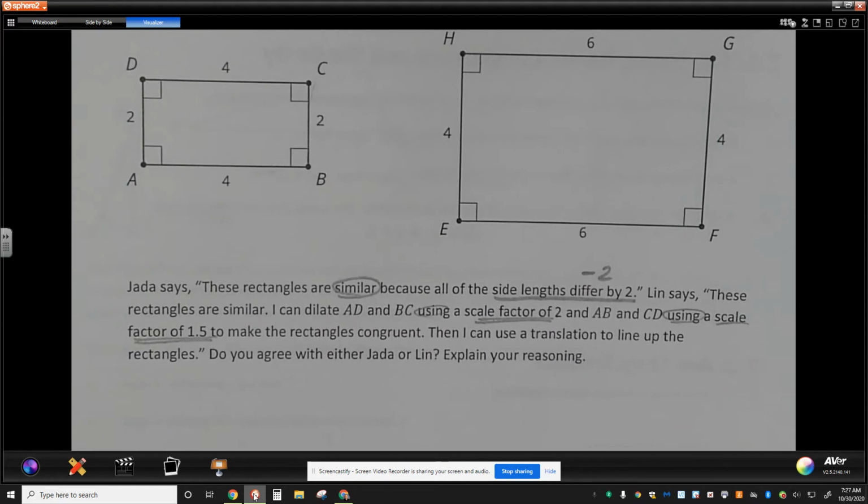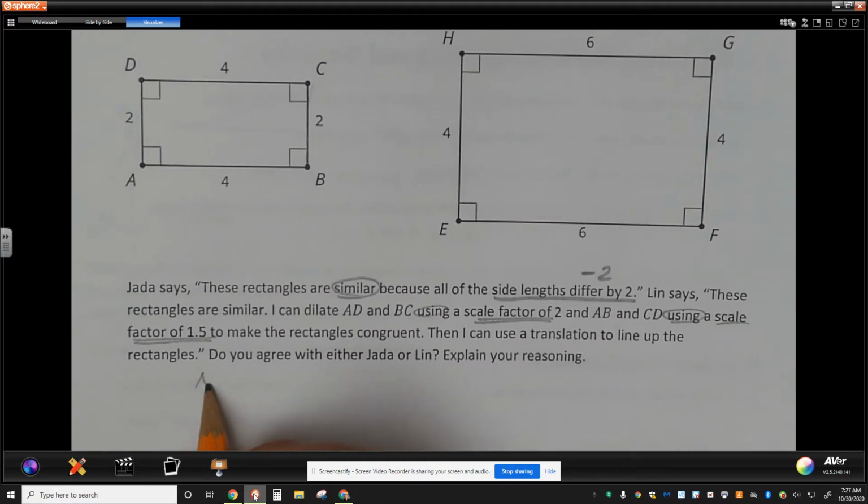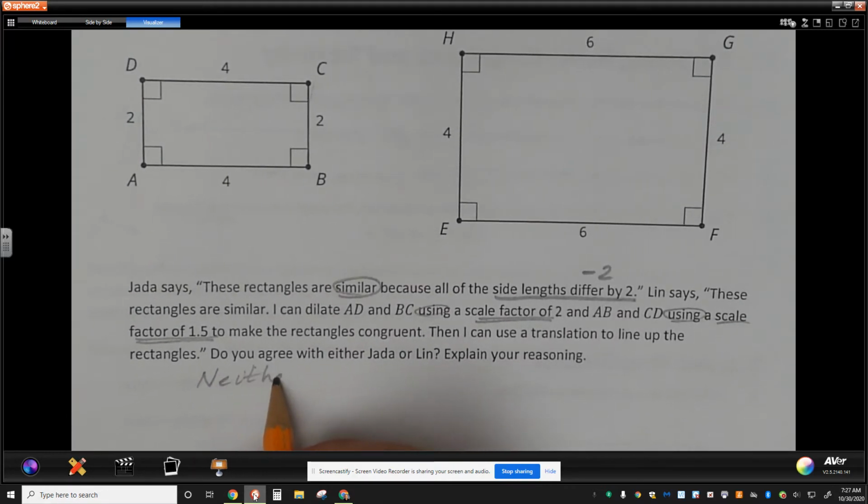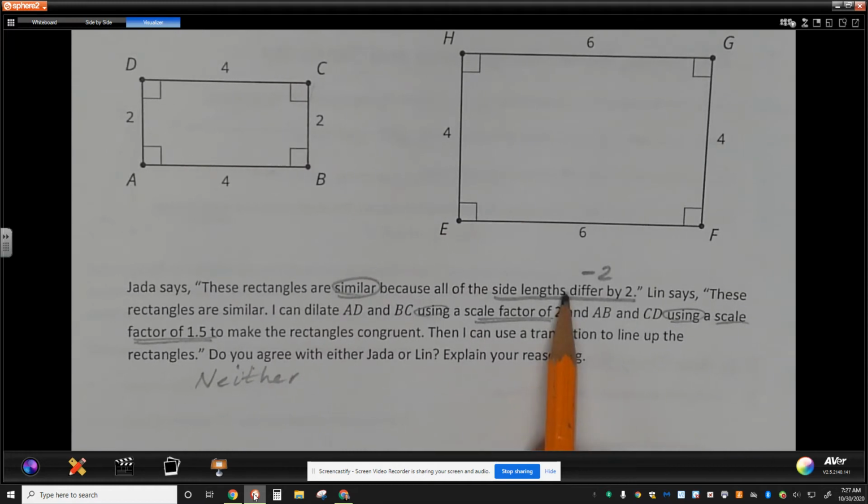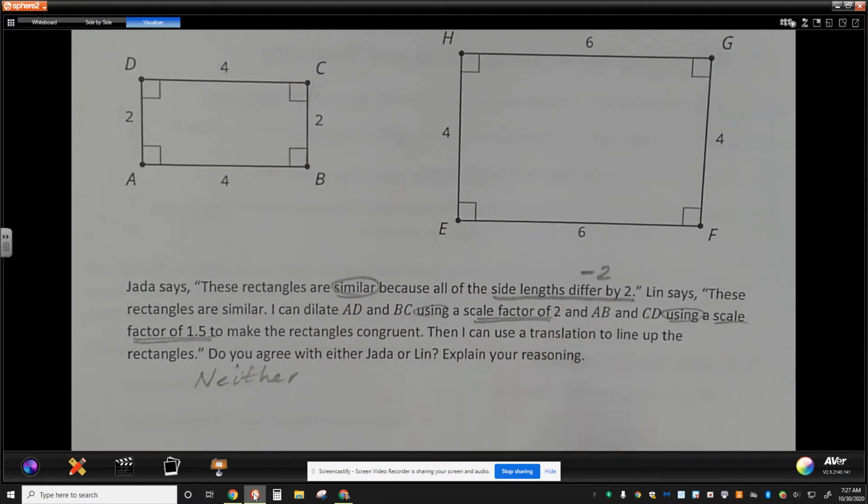Under dilation, you cannot use two different scale factors because that's not keeping the shape proportional. It's growing and shrinking at two different rates, which we can't do. So do you agree with Jada or Lynn? We should have said neither for the following reasons that I talked about. We have to use a scale factor, which means we have to multiply. And Lynn, we can't follow her advice because we can't use more than one scale factor in our work.